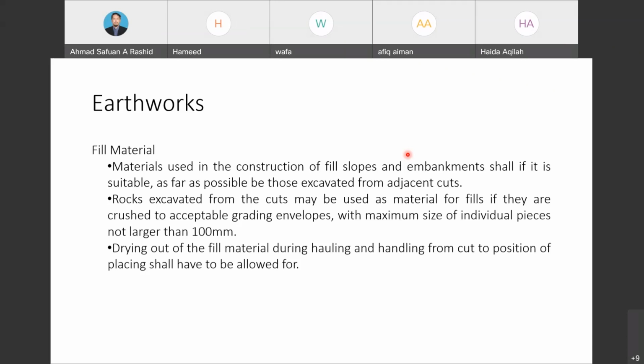Then drying out of the fill material during hauling and handling from cut to position of placement shall have to be allowed for. So they are allowed to carry out the drying, which means they move it to another part, let it dry, and then reuse it again.